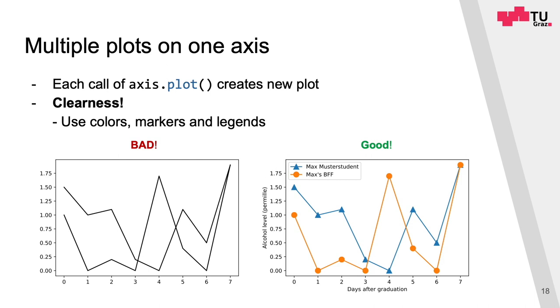All right. So on the left hand side, you see a bad plot without any legends, axis labels, different line colors, and so on. And on the right hand side, you see a good plot, where the information is clearly visualized.